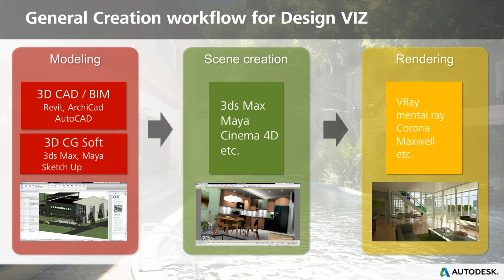Last but not the least, in the whole assembly of projects, you have to have a rendering system. This could be you investing your money in different rendering engines or softwares or plugins which are available. Typically we have V-Ray, Mental Ray, Corona, Maxwell. A couple of them are free. For example, Mental Ray is free, but if you want to have another plugin like V-Ray, you have to actually pay for it.